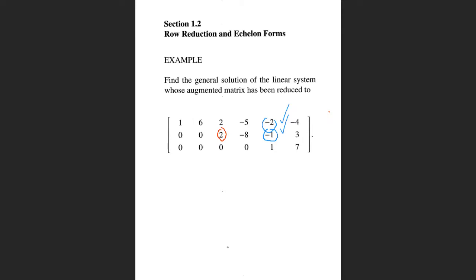And is there any other place where we would need a 0 to get it in reduced echelon form? Any other spot? Above the 2. Above the 2. Because the 2 and the 1, and this one here, those are leading entries.